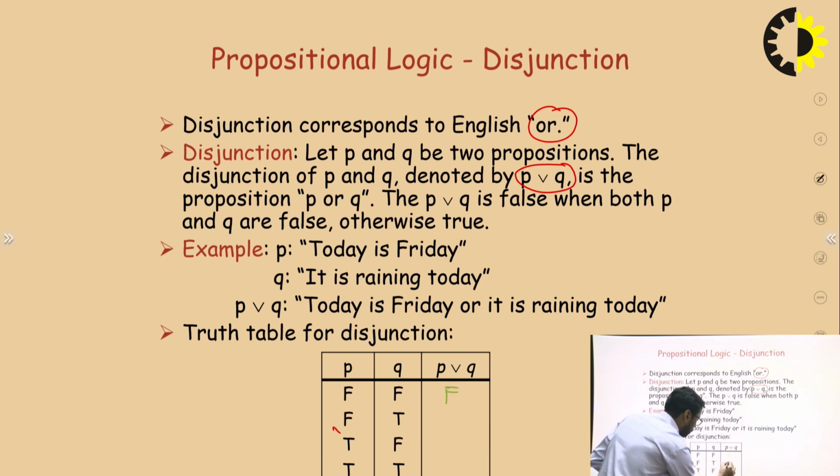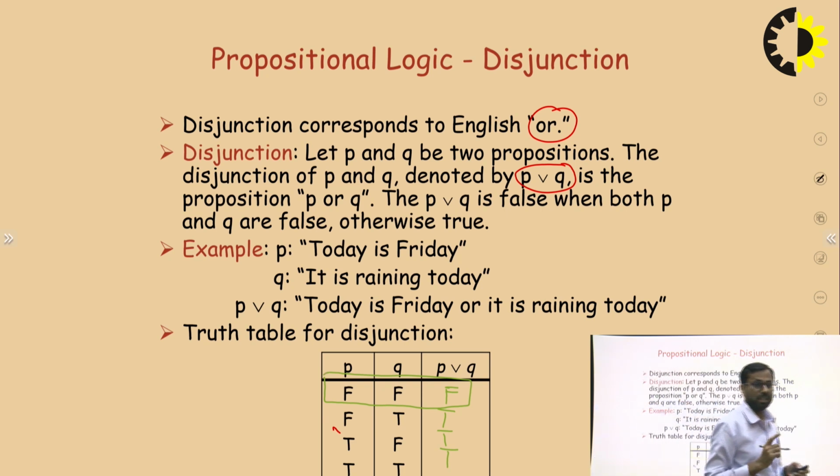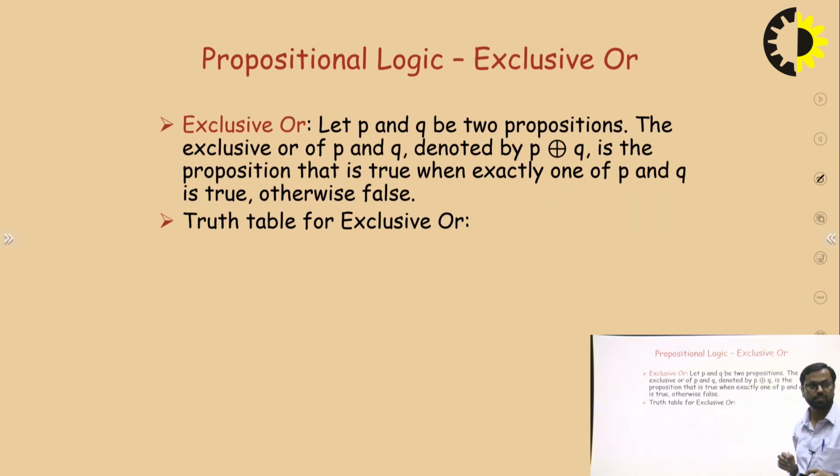False, true gives true; true, false gives true; and true, true gives true. That means only when both the predicates are false do we find the result false. Otherwise, it will be true for all the cases.